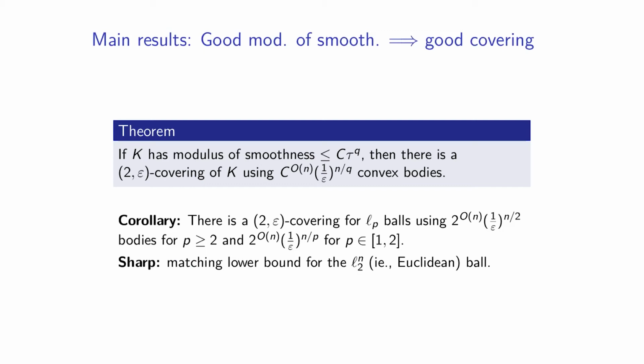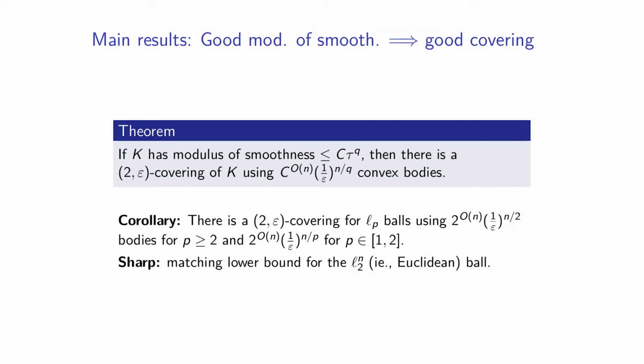Okay, so what it means, well, I didn't state the modulus of smoothness for Lp balls. You can look it up in any book, but if you just plug in those well-known formulas for the modulus of smoothness of Lp balls, then you get that if p is greater than or equal to 2, like the Euclidean case, then this Q, the exponent in the modulus of smoothness, is 2.